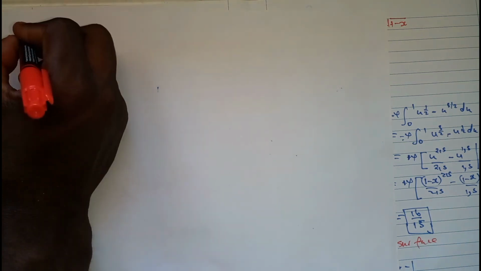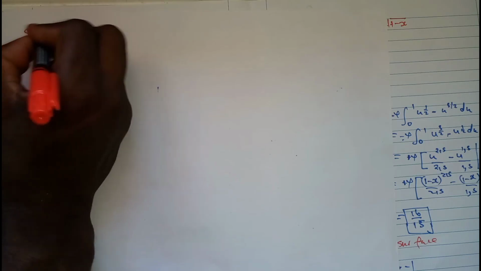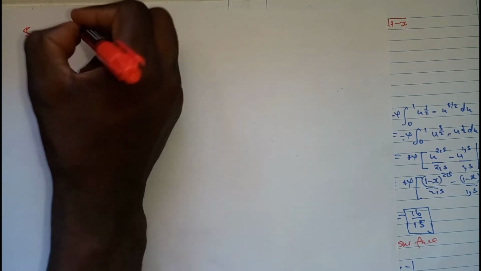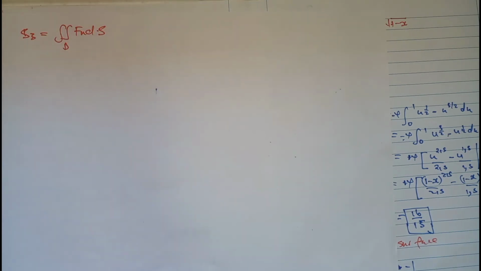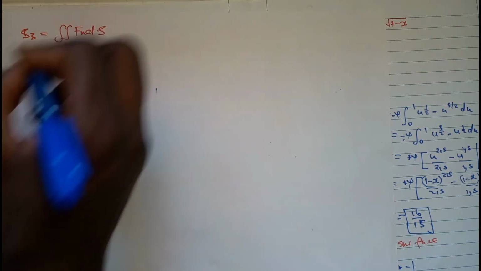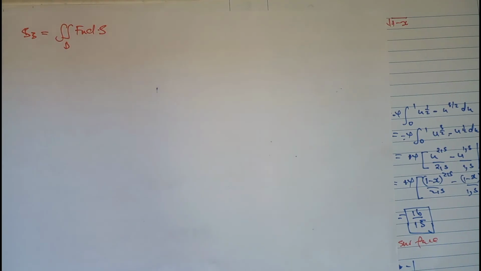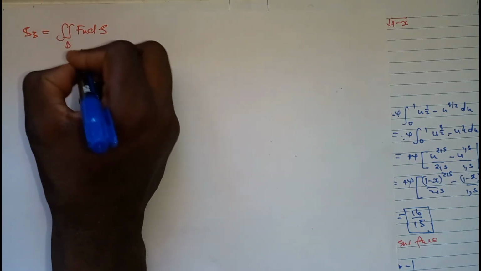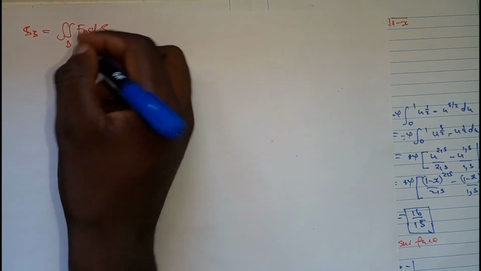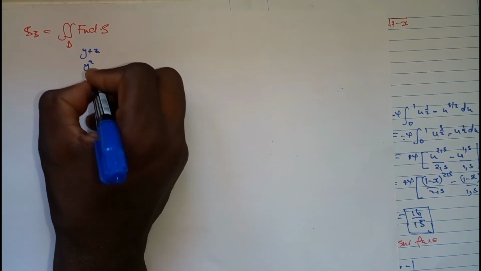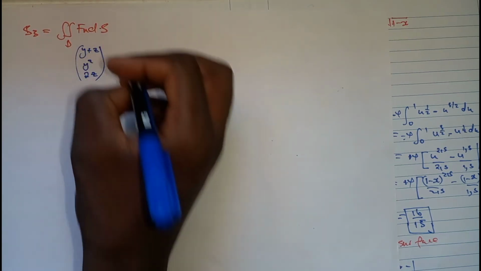Okay, so I'm going to work it out here. Surface number 3, double integral of F dot n ds. Now we have our F dot n. What is going to be the normal? F, our vector field, is y plus z on the i component, y squared on the j component, and 2z on the k component, times the normal.